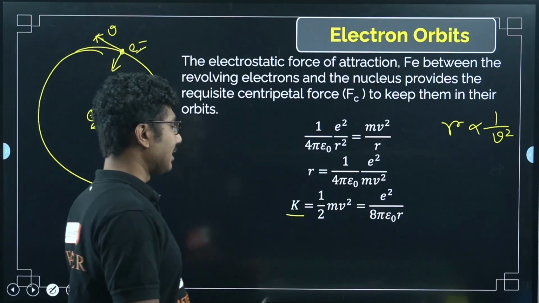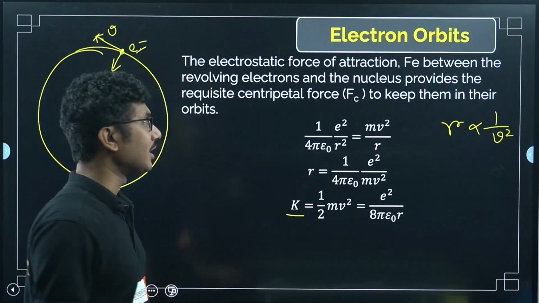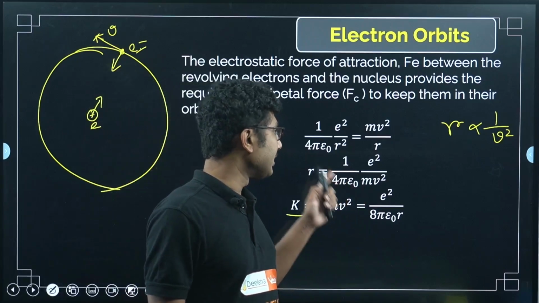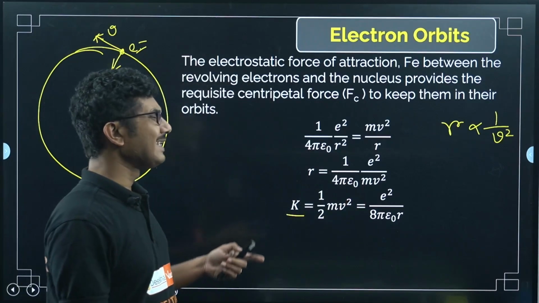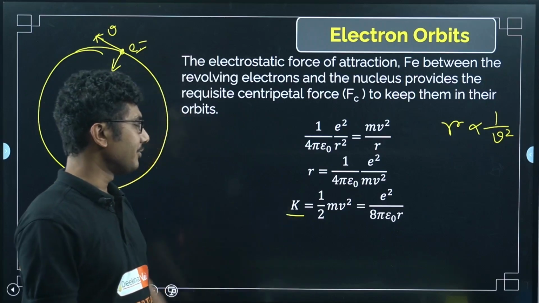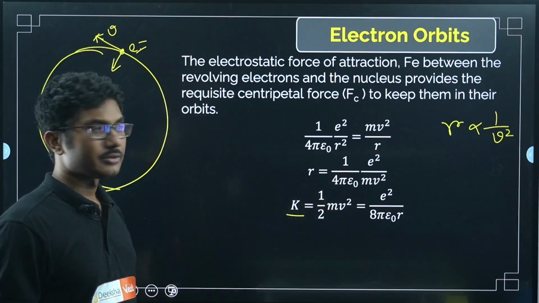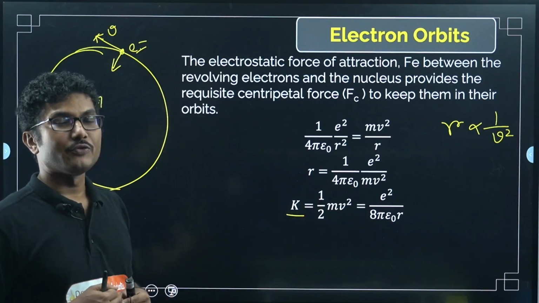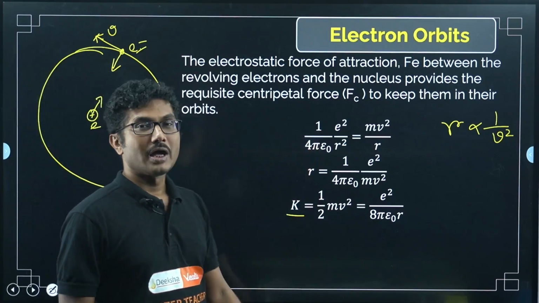In some cases they ask questions based on this. The Bohr model is more popular in terms of energy and radius, but in case they ask some basic questions, you should know how to find the velocity and the radius in the case of the Rutherford model.